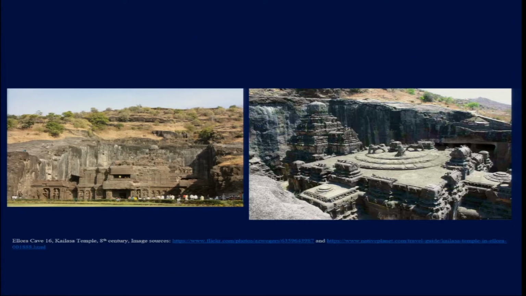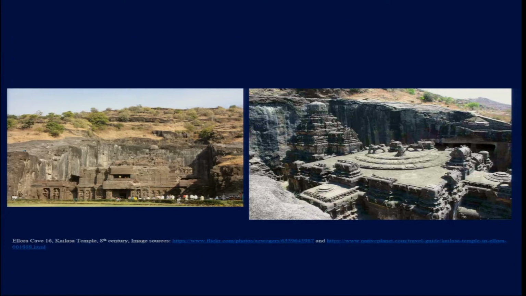And then we also have the Jain caves, numbered between 30 and 34. The Jain caves were developed between the 9th and 10th century and it also went beyond. So even though I say the time period of Ellora is between 600 AD and 1000 AD, that was the time when most of these developments were happening.